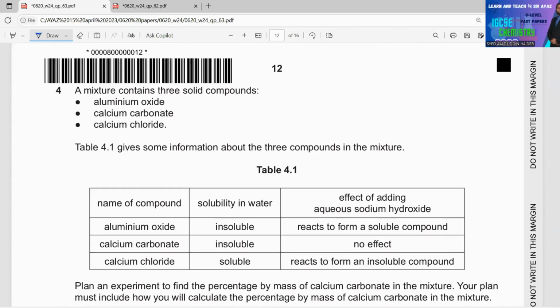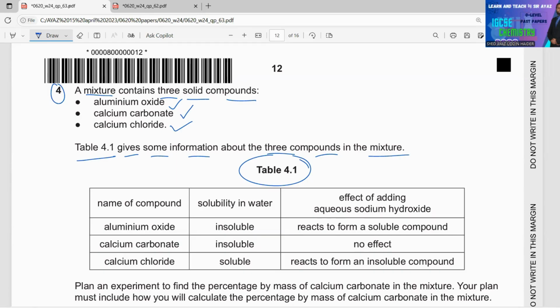Moving to last question, which is question number 4. A mixture contains 3 solid compounds: aluminium oxide, calcium carbonate, calcium chloride. Table 4.1 gives some information about the 3 compounds in the mixture. Aluminum oxide is insoluble in water, but it reacts with sodium hydroxide to form a soluble compound. Calcium carbonate is insoluble in water and has no effect on adding aqueous sodium hydroxide.